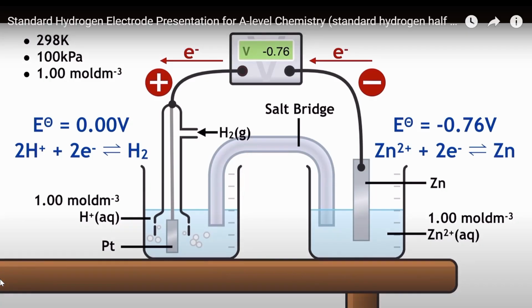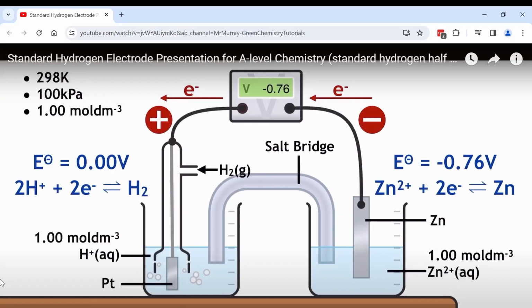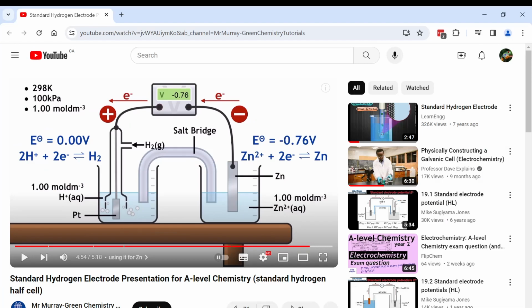Okay, now just before we move on, at the bottom of page 91, we have a little question. What is going to happen to the pH near the platinum electrode as the cell operates?